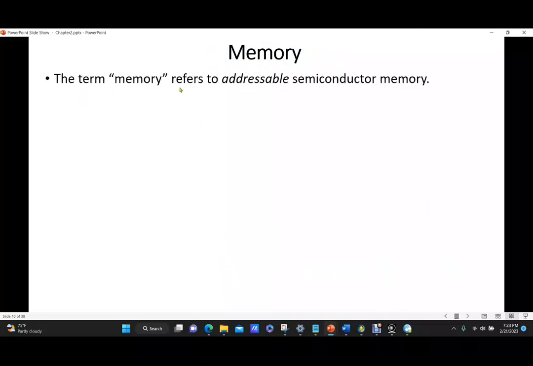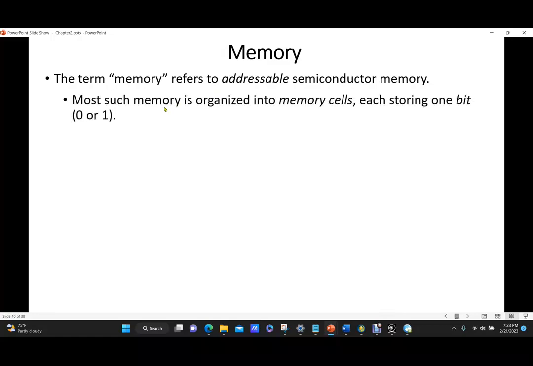The term memory refers to semiconductor memory, addressable semiconductor memory, and most of this kind of memory is organized into groups of cells, each cell storing or representing one bit of information. It can be represented as a 0 or a 1.